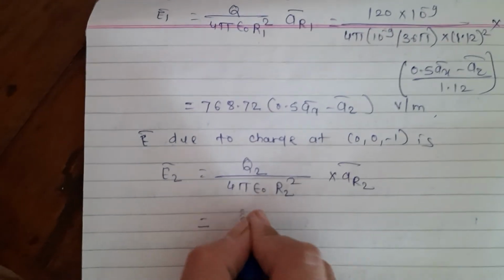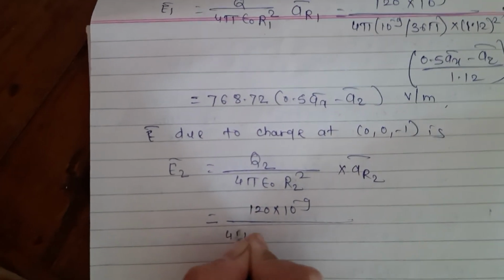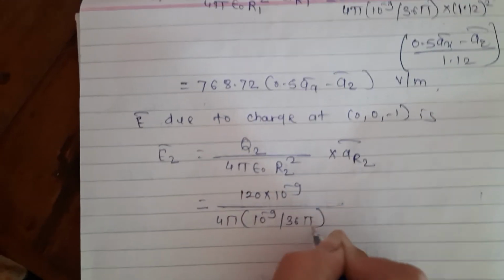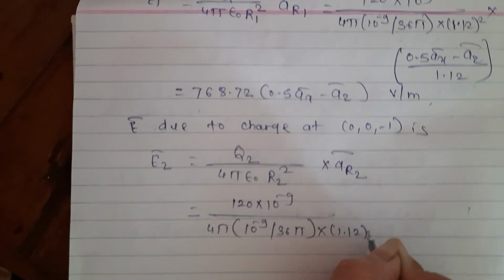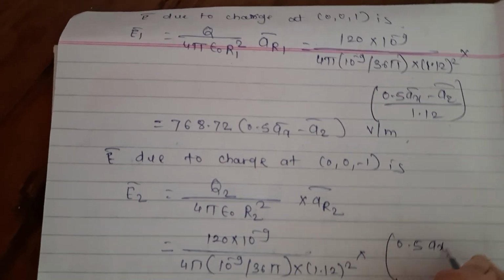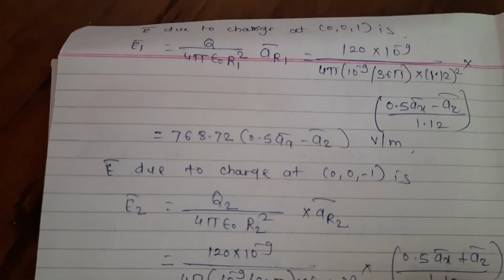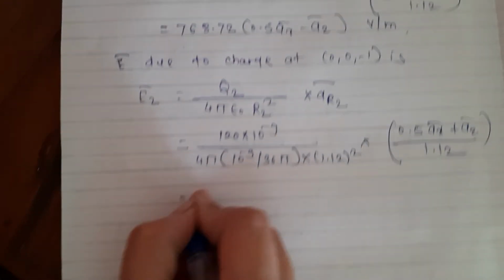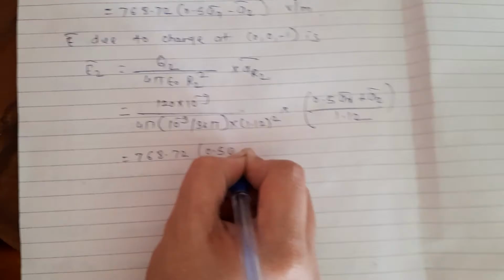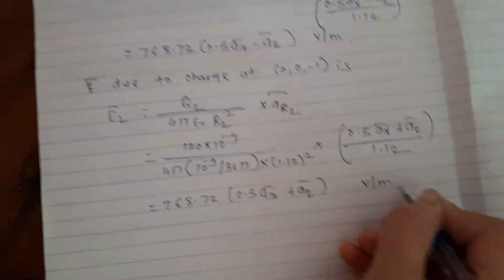Now Q2 is 120 into 10 raised to minus 9 divided by 4 pi into 10 raised to minus 9 by 36 pi into 1.12 square into 0.5 ax bar plus az bar divided by 1.12. So it is 768.72 into 0.5 ax bar plus az bar volt per meter.